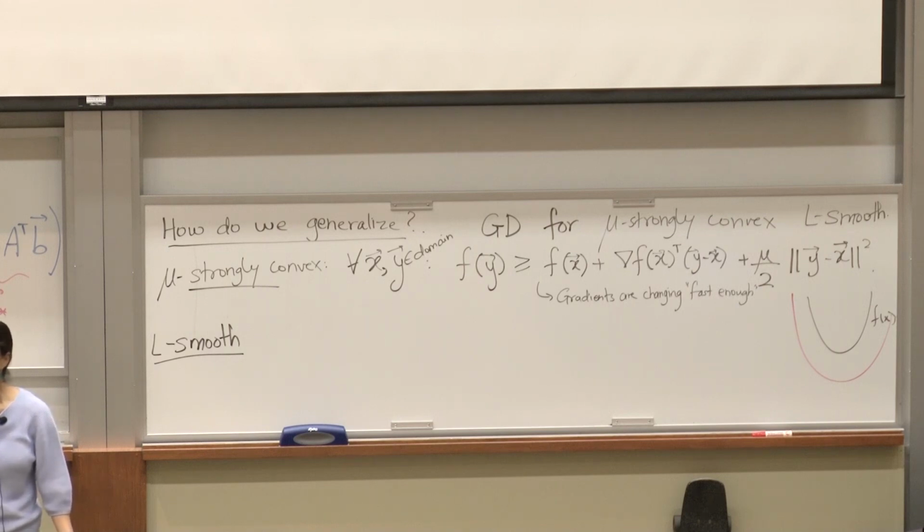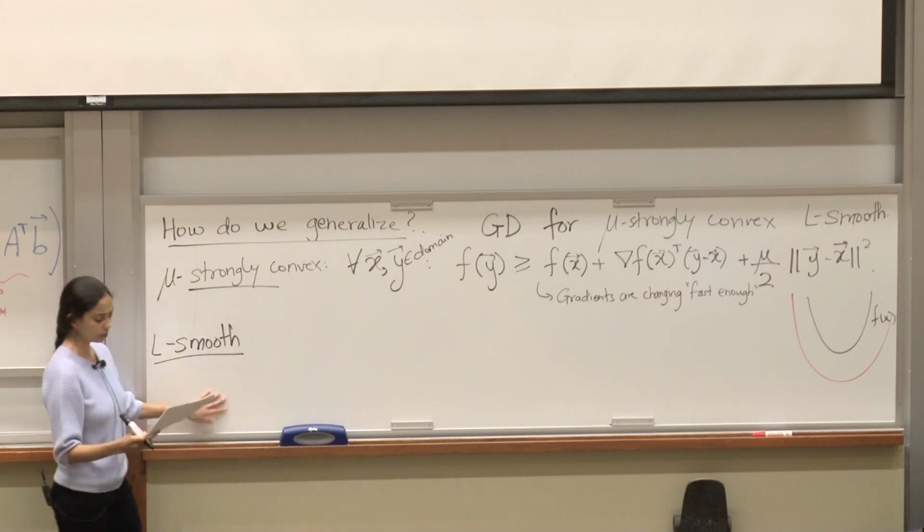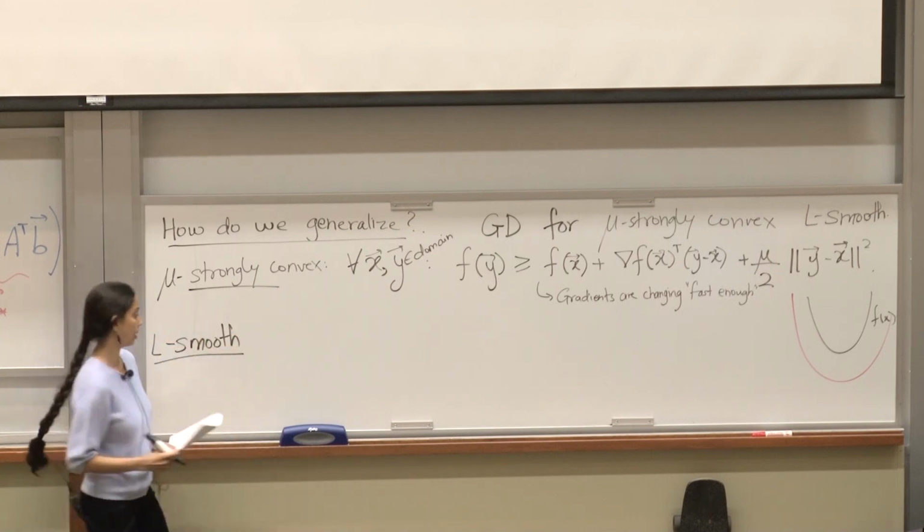So you want both a lower bound and an upper bound for convergence. Does everyone see why we might want something like this? Is this intuition clear? Okay, good. And so here we're going to say that we are upper bounded by a quadratic.